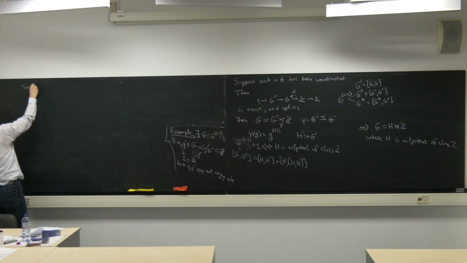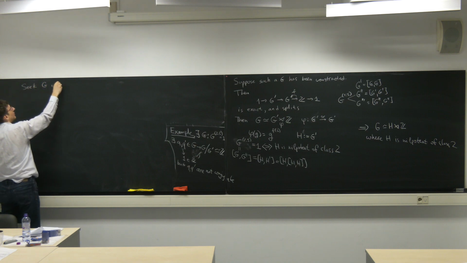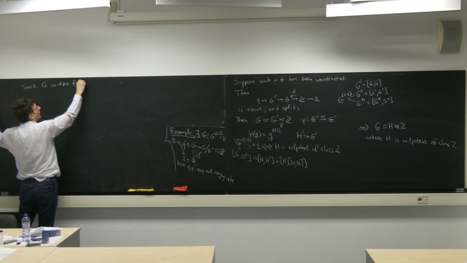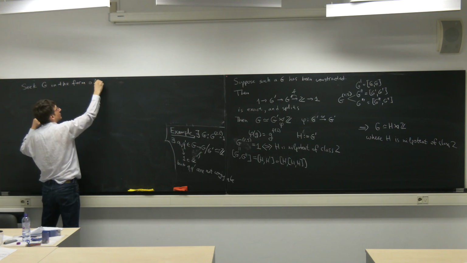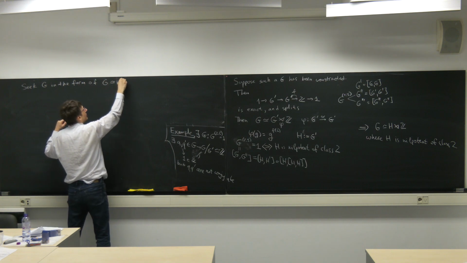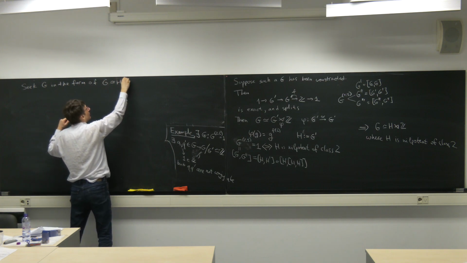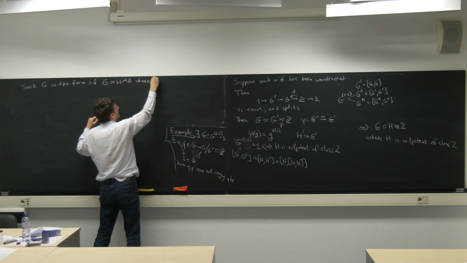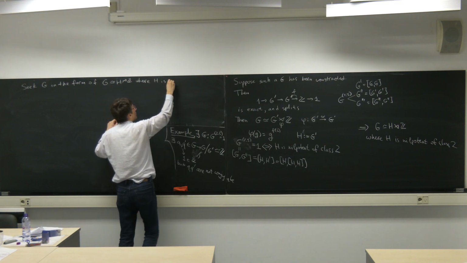So seek G in the form of a semi-direct product H with Z, where H is nilpotent of class 2.